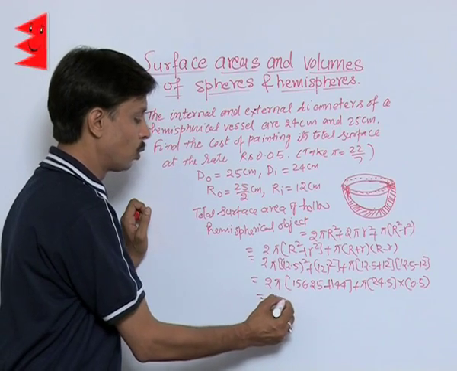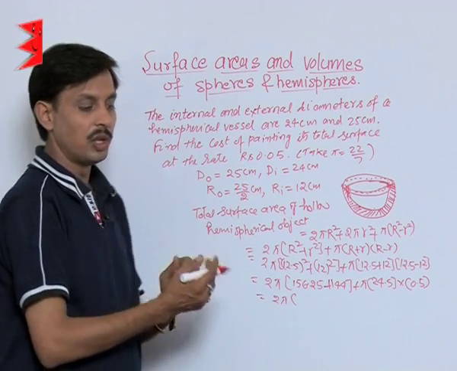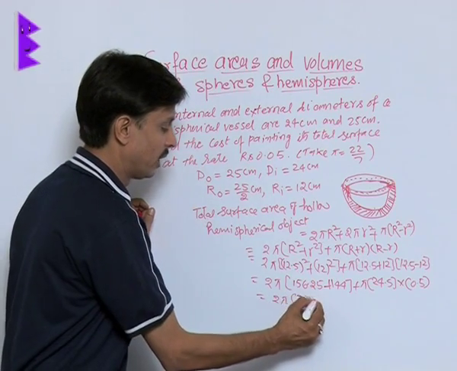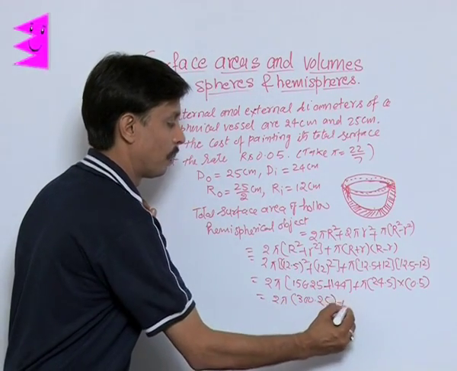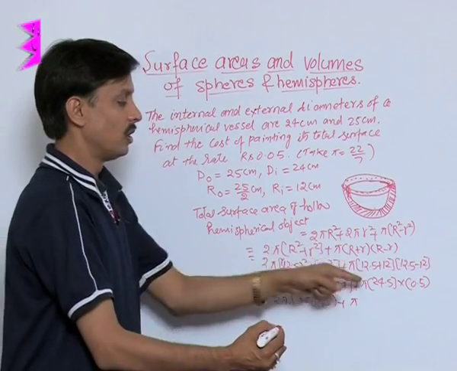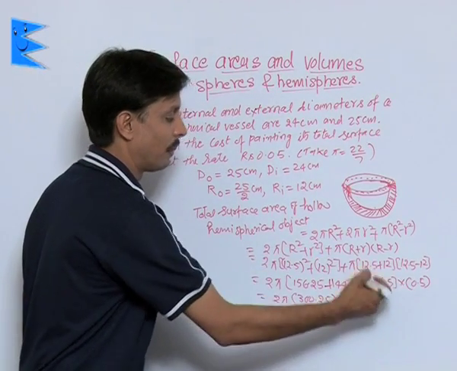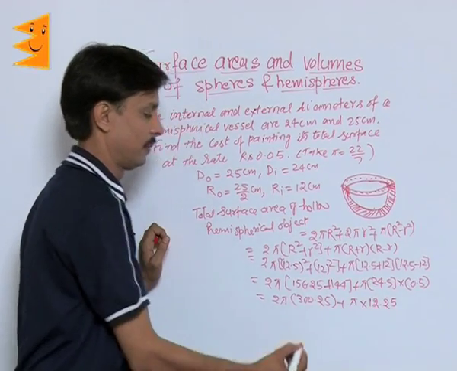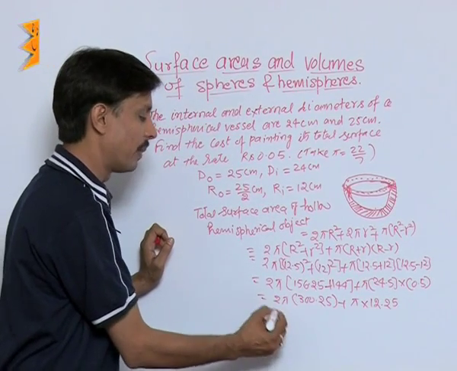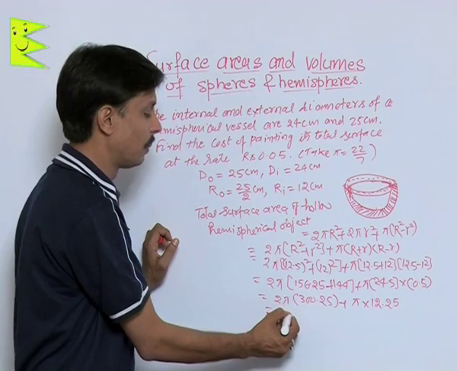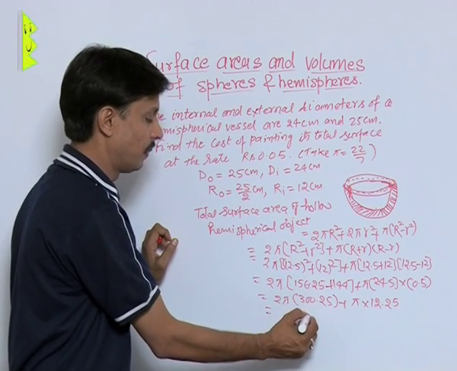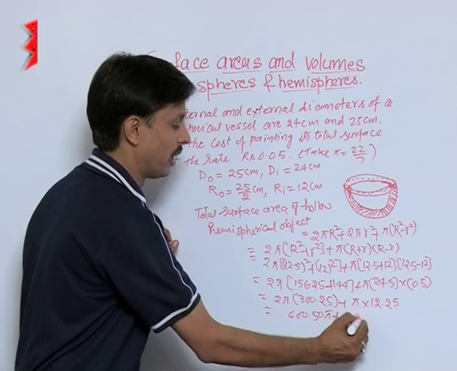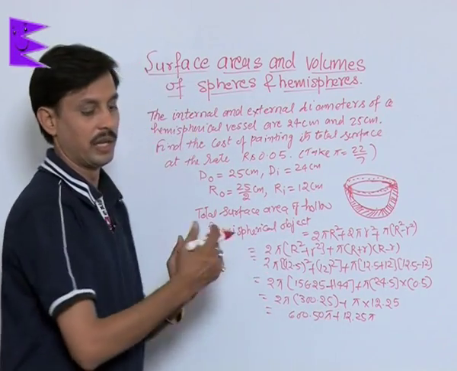This becomes 2 pi into the sum of these two values, 300.25, plus pi into this value, when 0.5 is multiplied to it, 12.25. So the answer is coming out to be, when this is multiplied, 600.50 pi plus 12.25 pi.